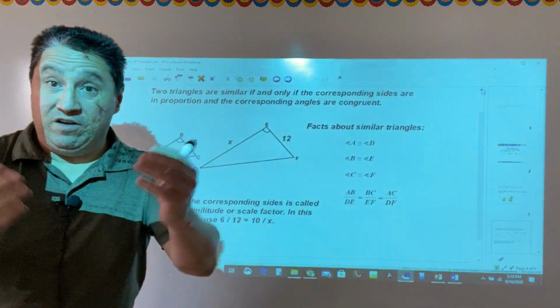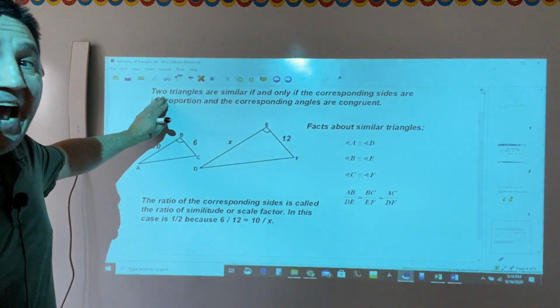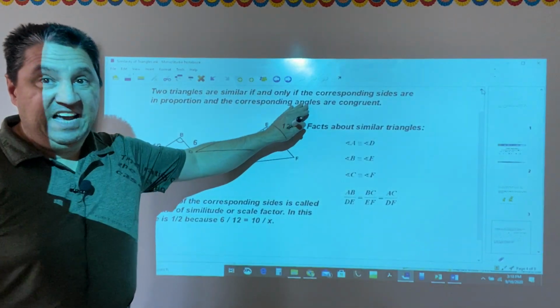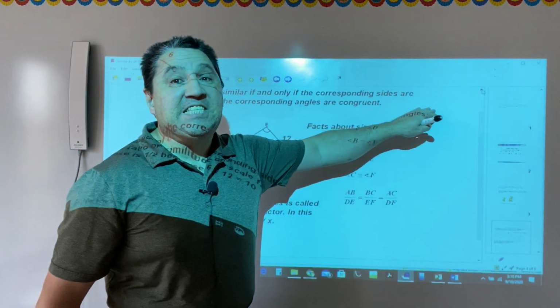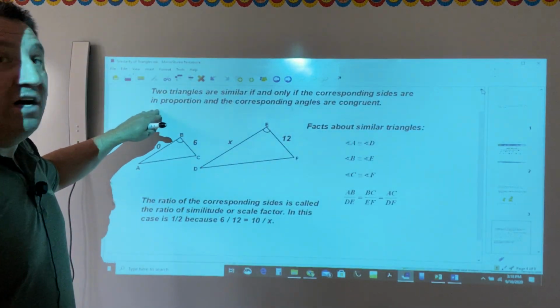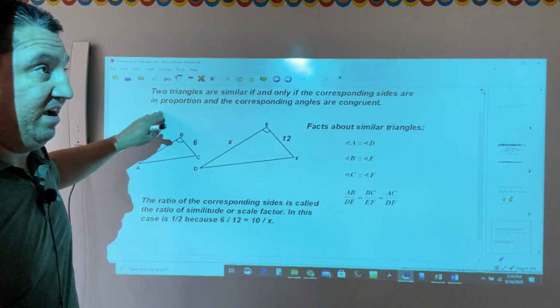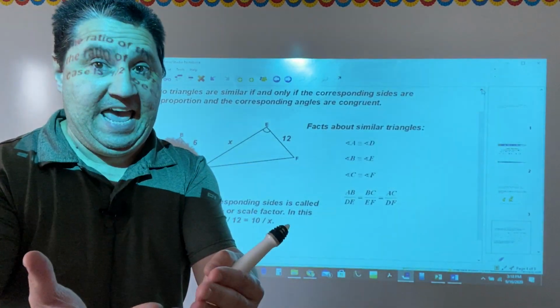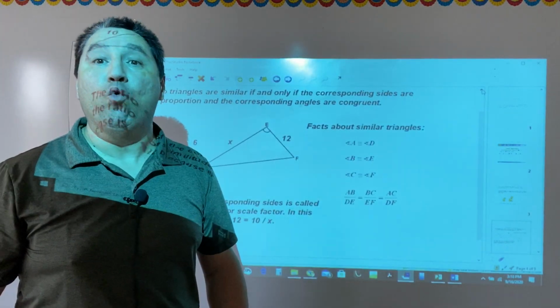a definition for similarity. We say two triangles are similar if and only if the corresponding sides of the triangles are in proportion and their corresponding angles are congruent.